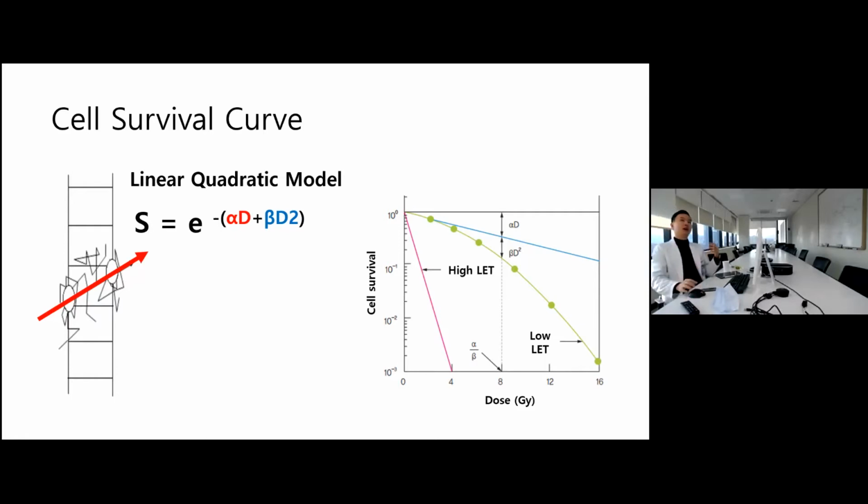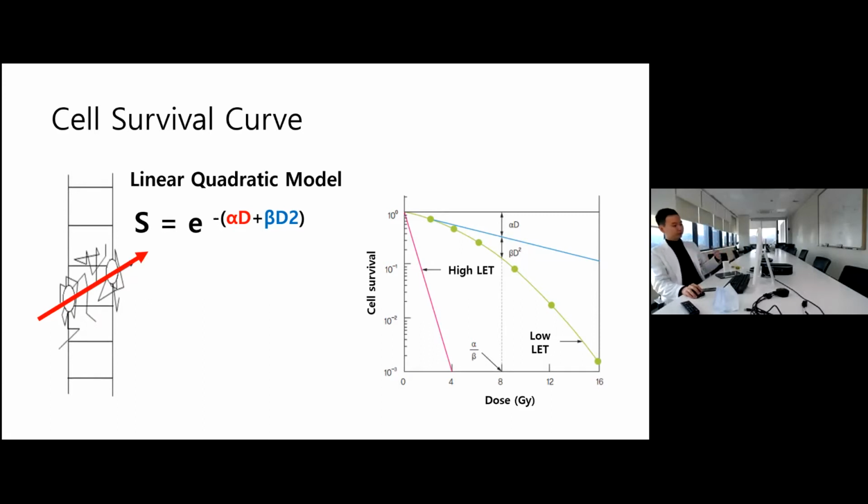As you can see from the name, linear quadratic model, it has two components: a linear part and a quadratic part. This alpha D refers to the linear part of the graph, and beta D squared refers to the quadratic part of the model.